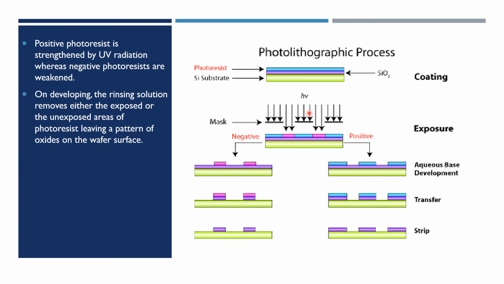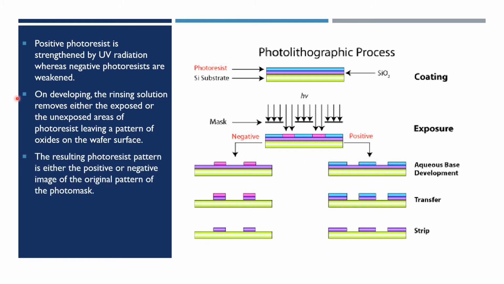Thus, the pattern on the photo mask will be engraved onto the photoresist layer. The resulting photoresist pattern is either positive, that is the same as, or negative, that is the complementary of the original pattern on the photo mask.